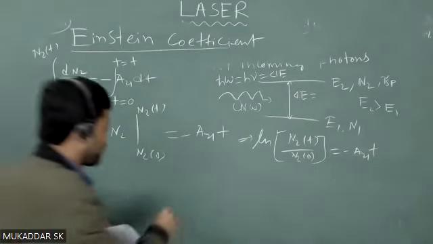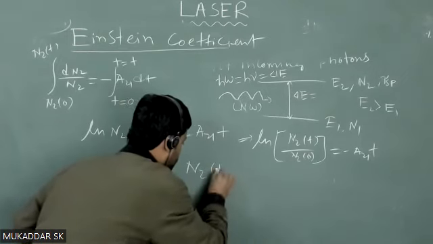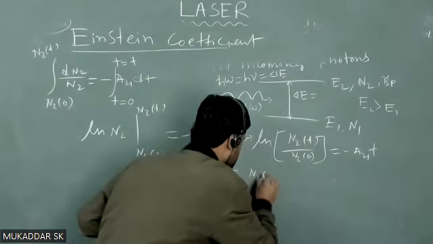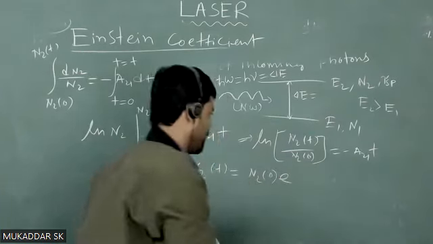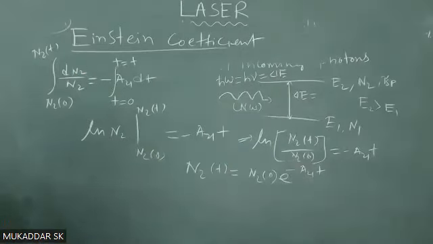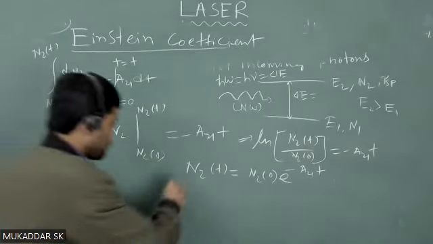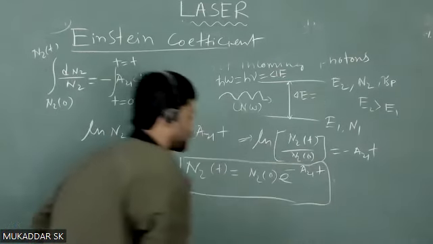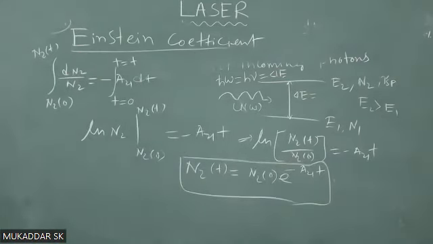It means N2(t) equals N2(0) exponential of minus A2 t. So there is an exponential decay of the population of E2 by the spontaneous process.